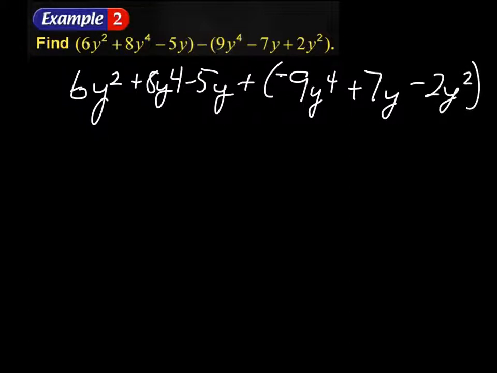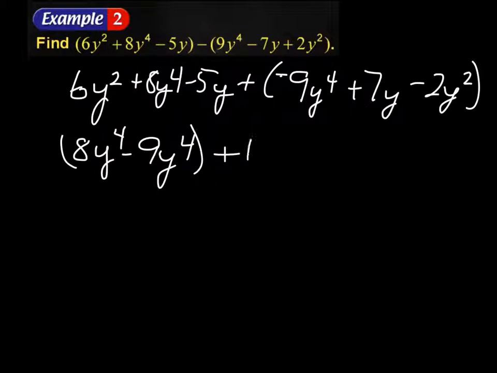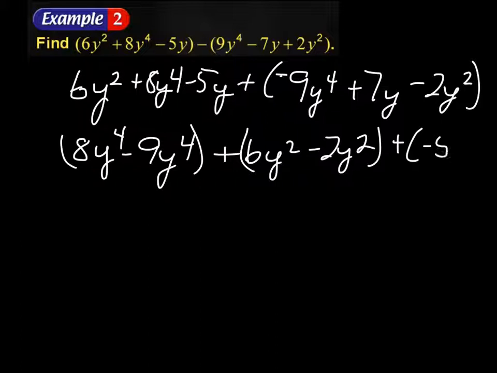And now I can rearrange and put my likes together. I'm going to go in descending order because I like it. So we have 8y to the fourth minus 9y to the fourth. And then I have squareds, so plus 6y squared minus 2y squared. And then finally we have just y's, so negative 5y and plus 7y.